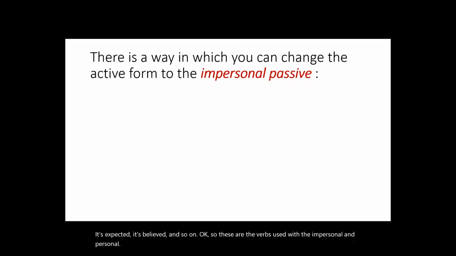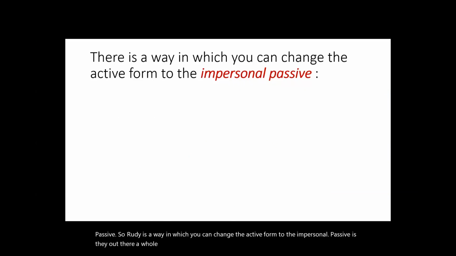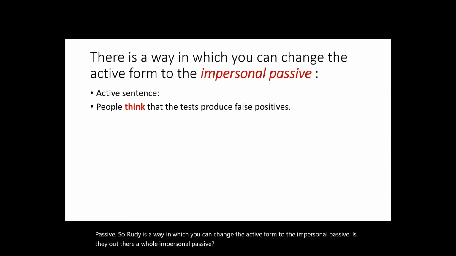So there is a way in which you can change the active form to the impersonal passive. ازاي اقدر احول الجمله من active الى impersonal passive؟ خليني اديكم الرول او القاعده بتاعتها علشان يبقى سهل ان انا احول. Active sentence: people think that, have a look.